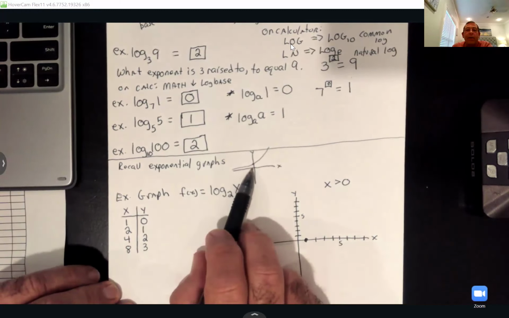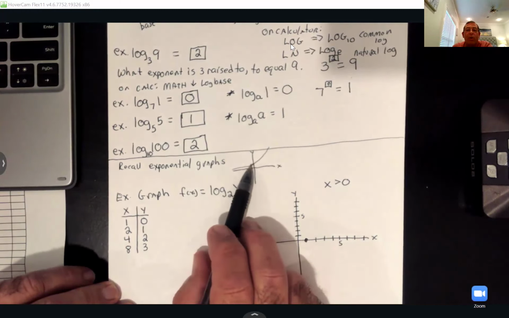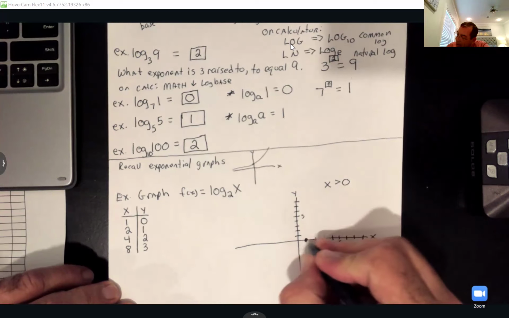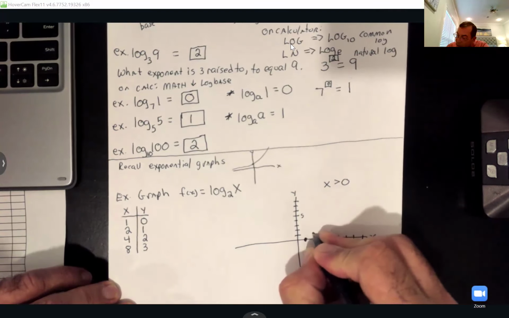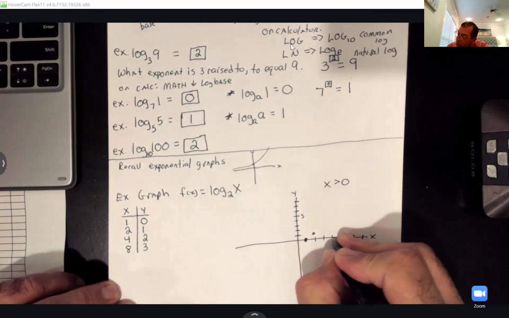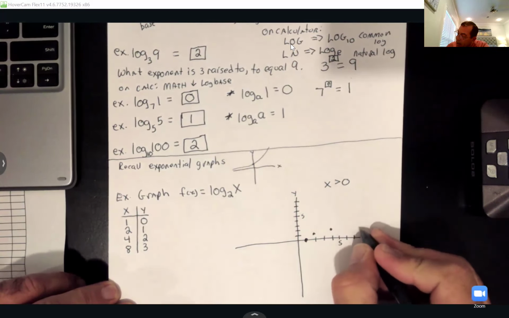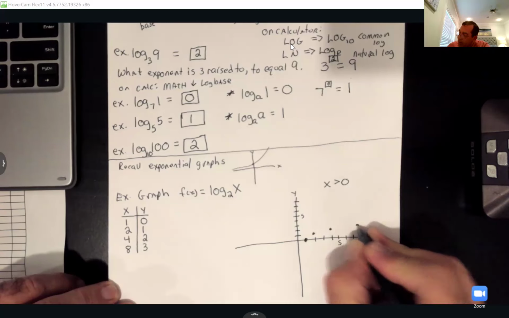So up here, exponentials went over at 0, 1. The logarithmics cross the x-axis at 1. Right then, y'all, 2 up, 1, 4, 2. And then over here at 8, I was at 3.